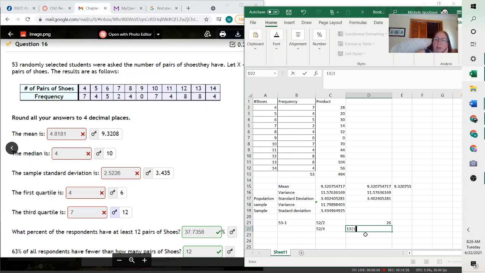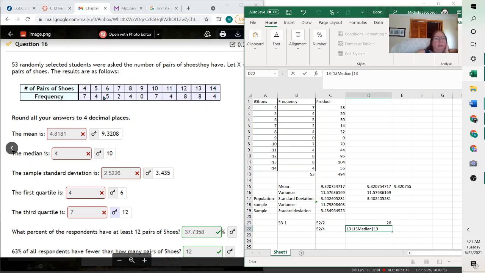Then you have another 13 in the quartile, 13 in the median. And then another 13 in your quartile. So there's 13 between each of them.